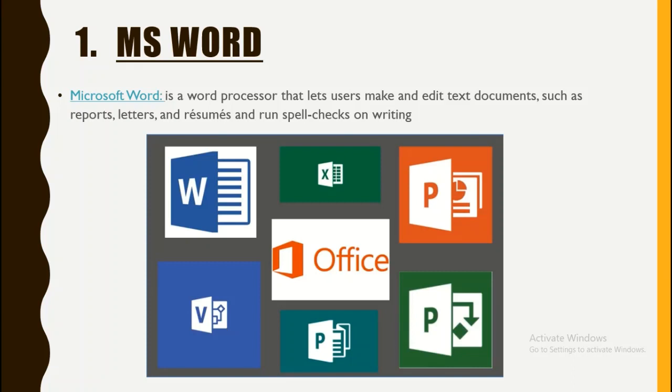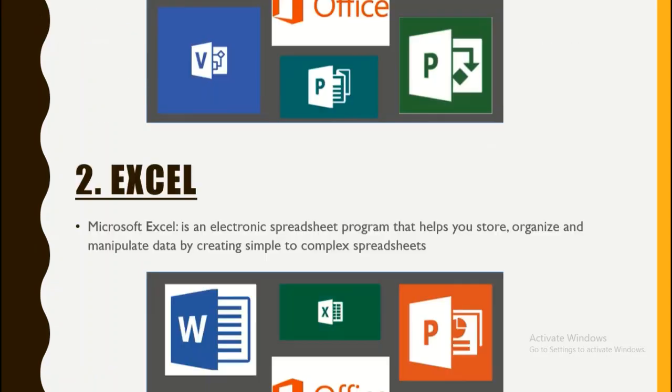MS Word is actually a word processor that enables us to edit and make documents like reports, letters, resumes and run spell checker on writing. Spell checker checks our spelling in what we have typed. So this detects the spelling errors.